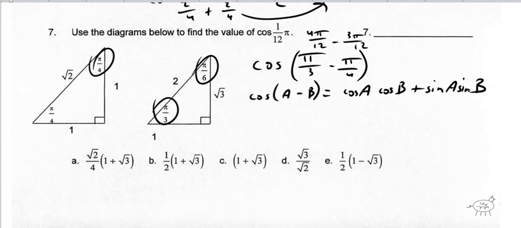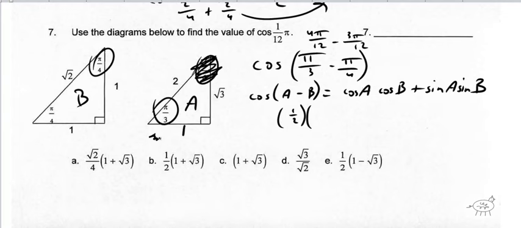Okay? And so let's do cosine, we'll call this a, because that's my pi over 3, and this is my b. So cosine of a is 1/2. And when I say cosine of a, that's pi over 3, so let's ignore that. It's adjacent over hypotenuse.